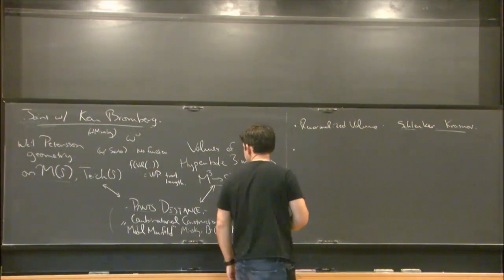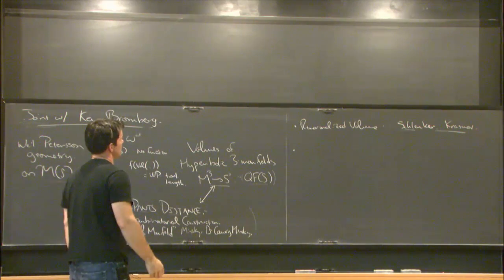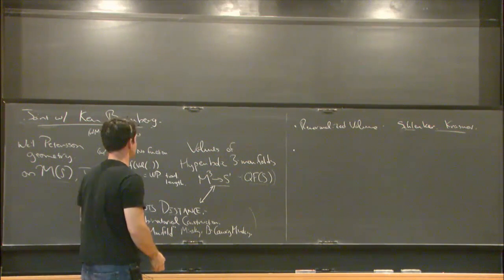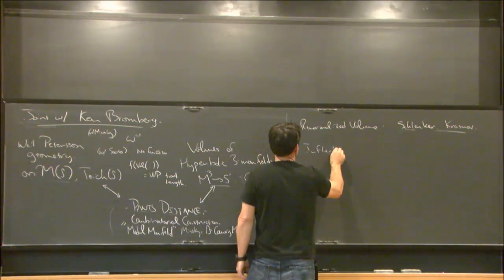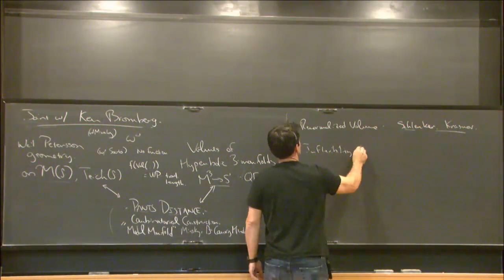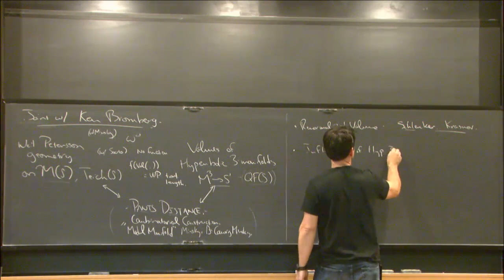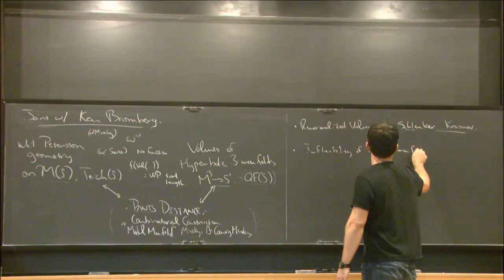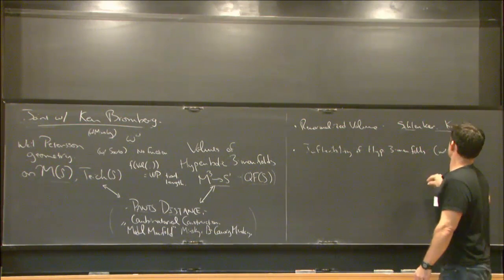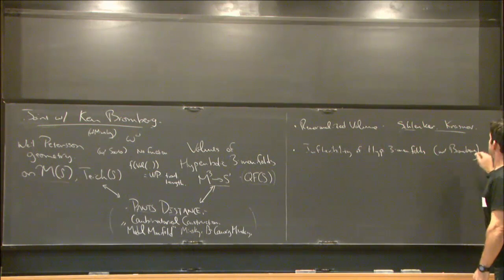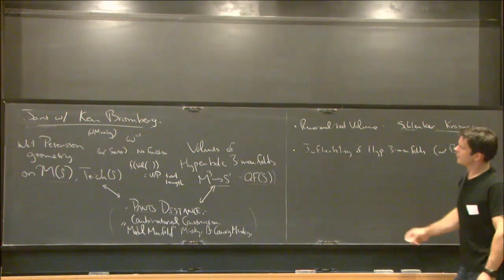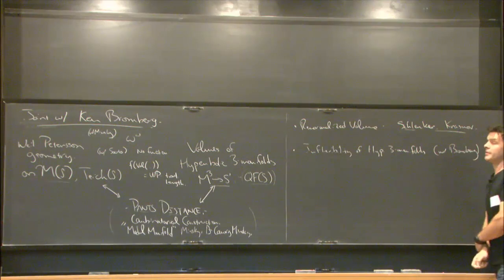And I guess the other tool that I think is interesting here that comes up is the notion of inflexibility of hyperbolic 3-manifolds. And this is some of my work with Ken Bromberg, which is a generalization of the rigidity theory due to Mostow and Sullivan.